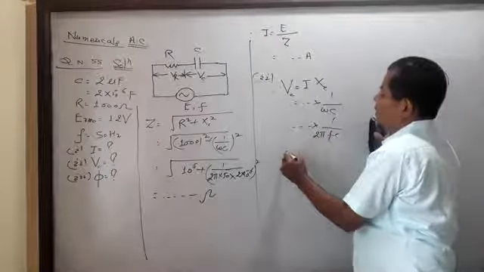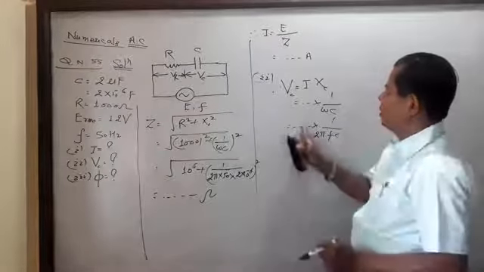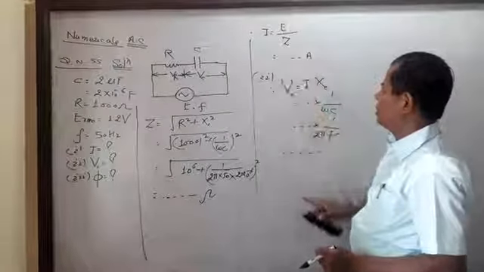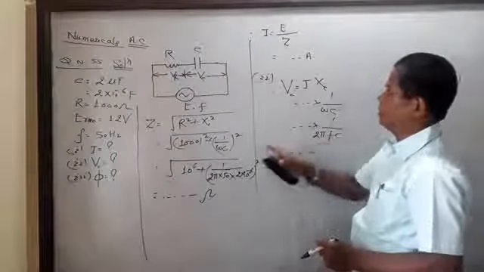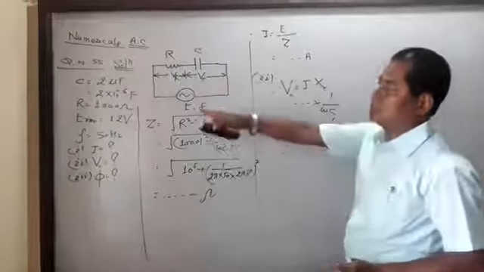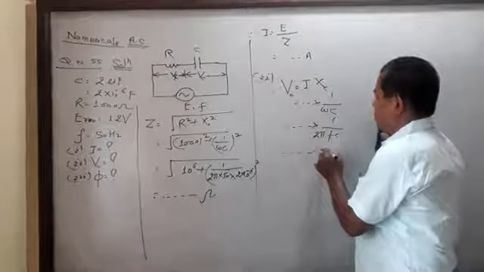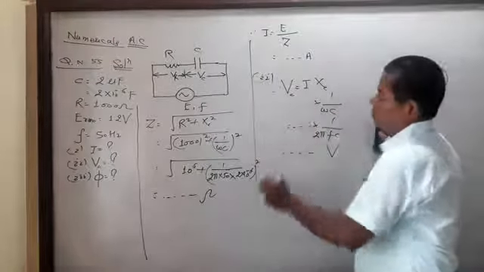Current is known from the first part, and frequency and capacitance are given. Then we can find the value of potential in volt.